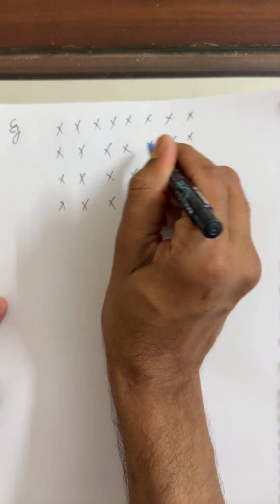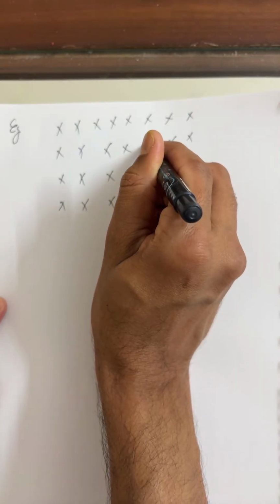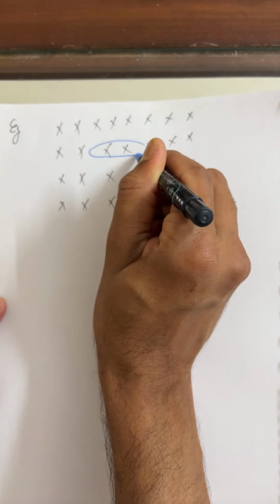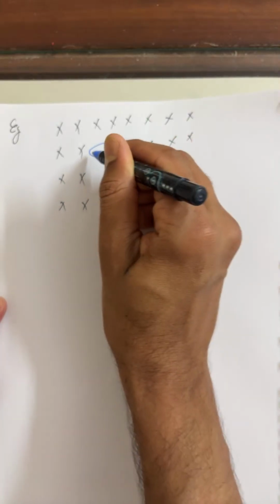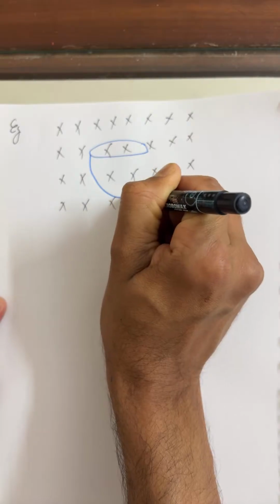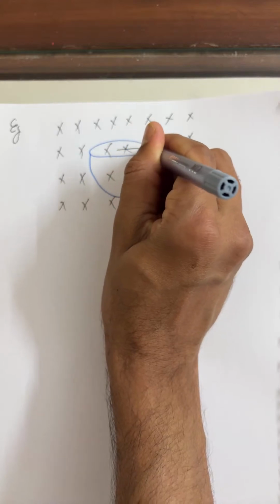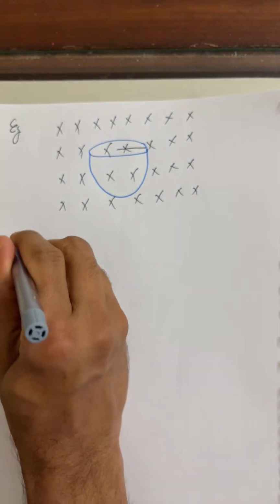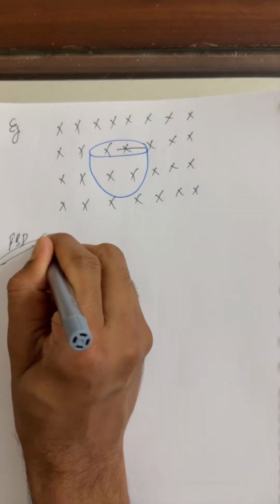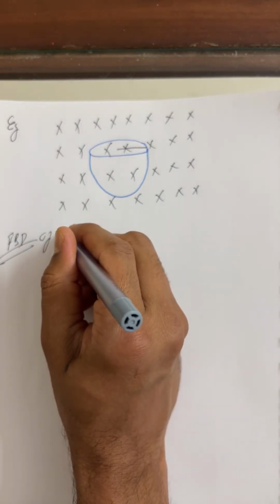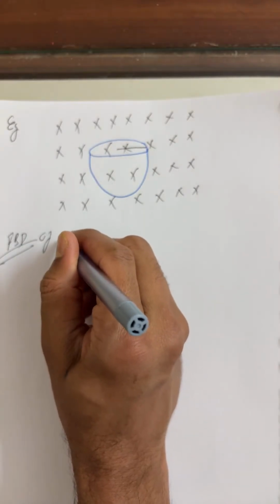First I'll make the bowl. You can see this point as the radius. I'll make the FBD of the bowl here.